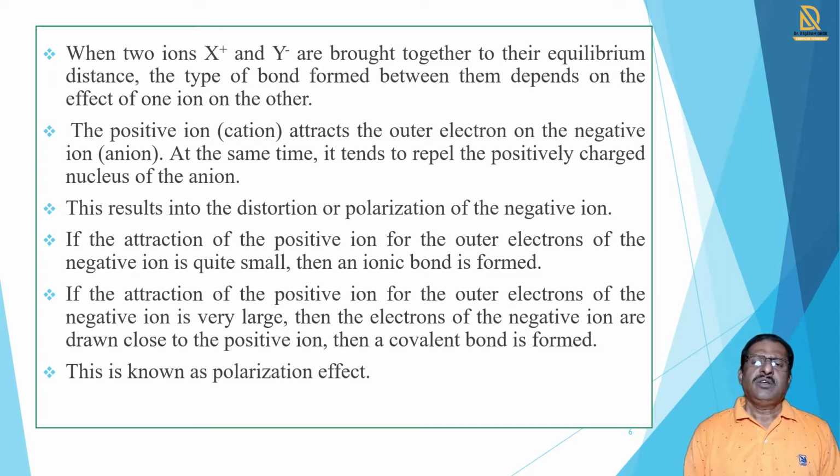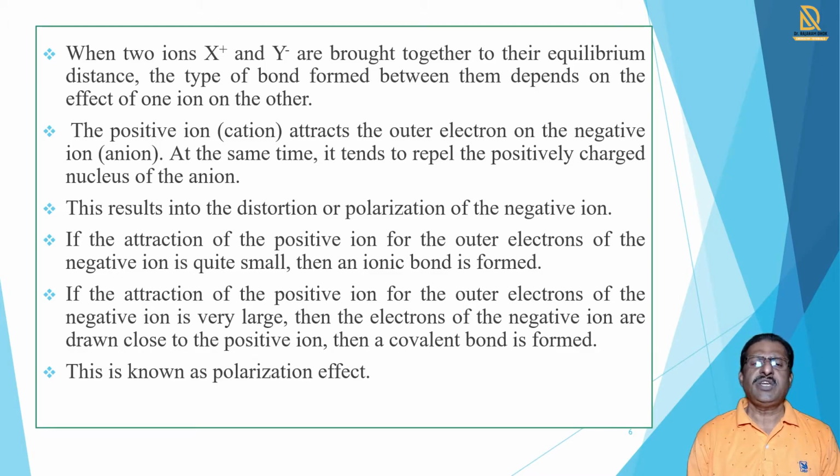When we take a simple example, we take two ions. One ion is positively charged, X plus, and the other ion is negatively charged, Y minus. When these two ions come together to the equilibrium distance, the type of bond formed between X and Y depends on the effect of one ion on the other ion.